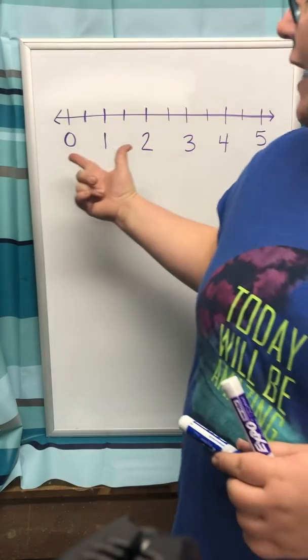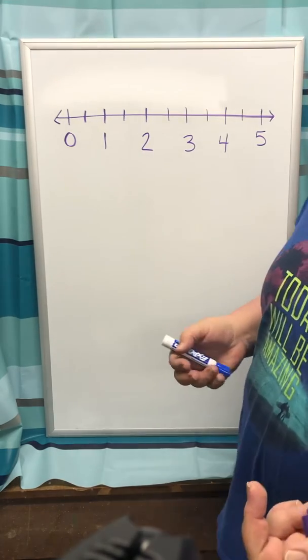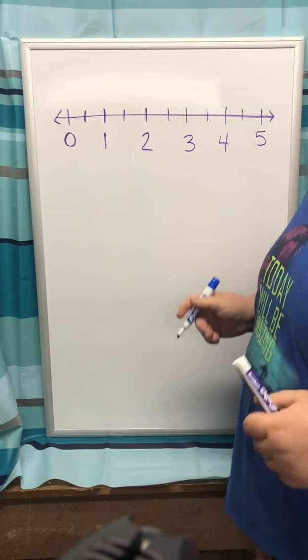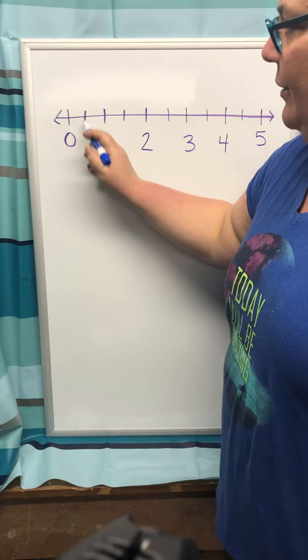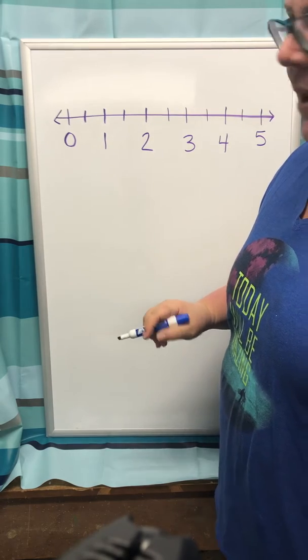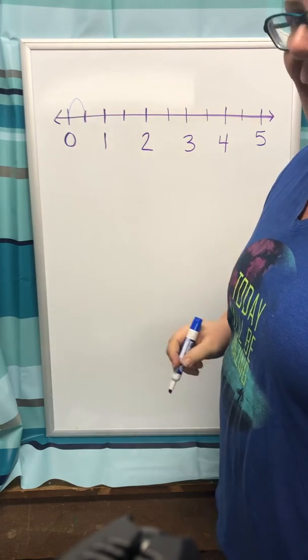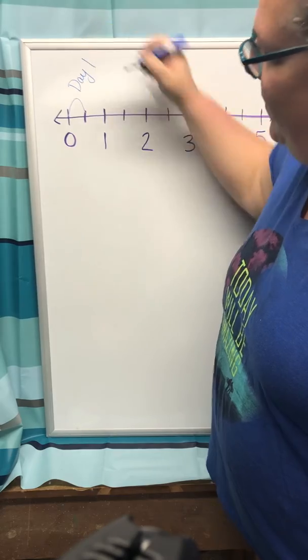So I have the number line here, and we know that Sasha walked for 5 days, and she walked a half a mile each of those 5 days. My number line goes from 0 to 1, so I know the line in the middle is going to be my halfway point. So if we go from 0 to the first half, that's going to be day 1.